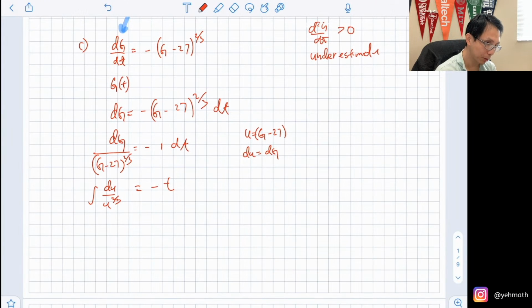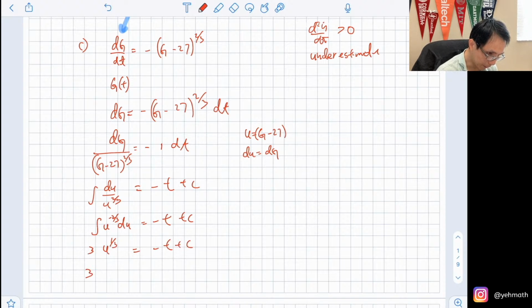What's the integration of that? How do you do that? You flip to the top first because you cannot take the integral with u on the bottom like this. So therefore it's u to the 1/3 times 3 is equal to negative t plus C. So 3 times (G - 27) to the 1/3 equals negative t plus C.